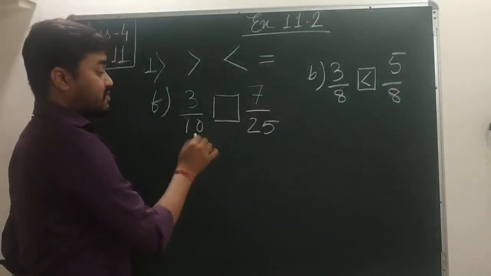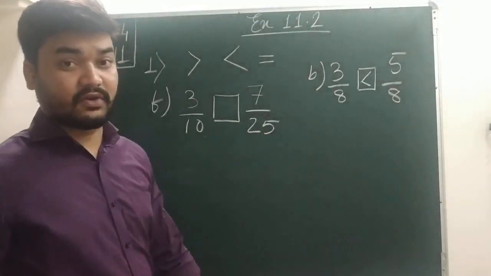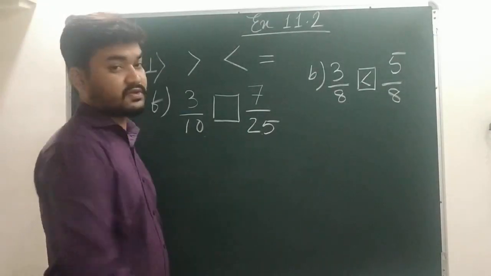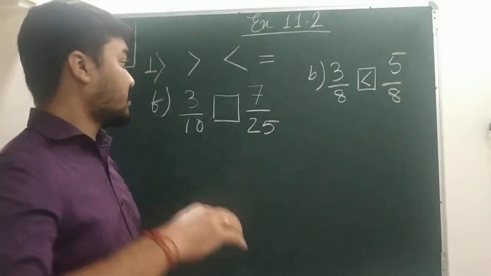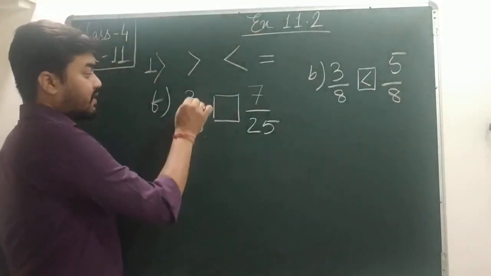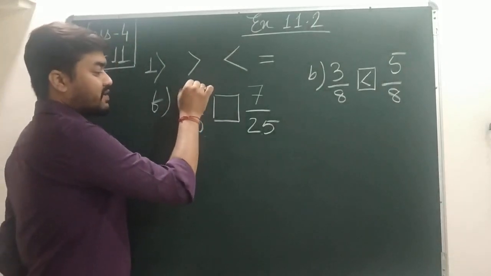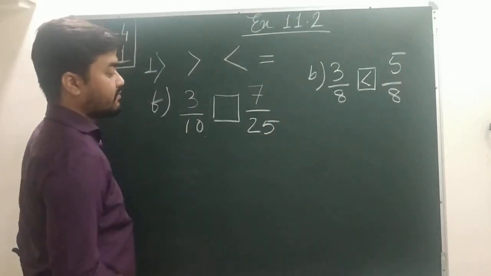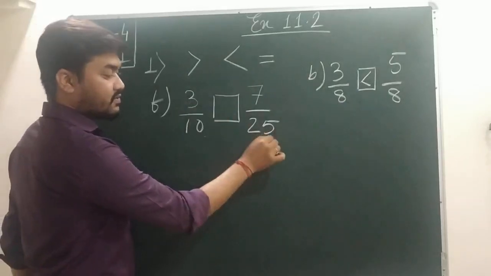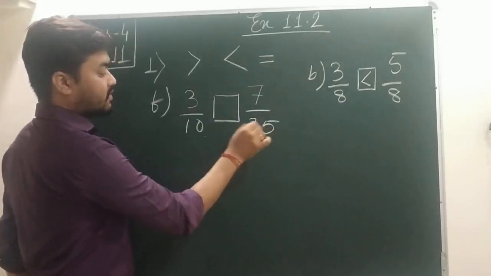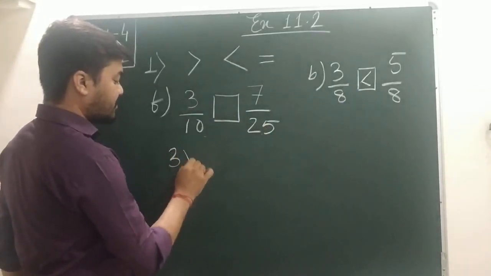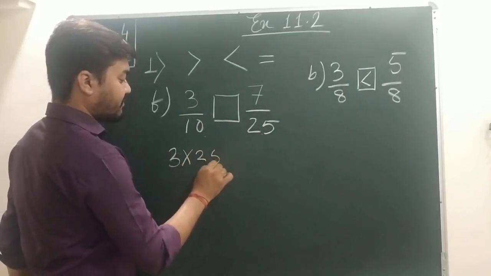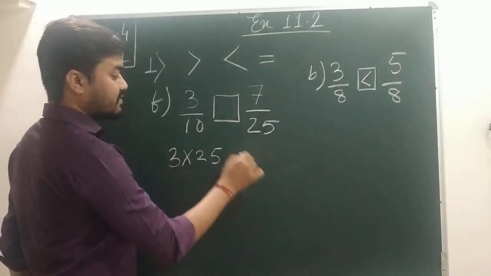First step, you have to look if the denominators are same or not. Here in this case it is not same, so we have to take the help of the multiplication. We will multiply this 3 with 25. Cross. 3 with 25 and 7 with 10.